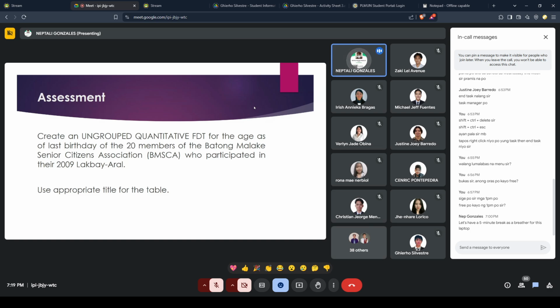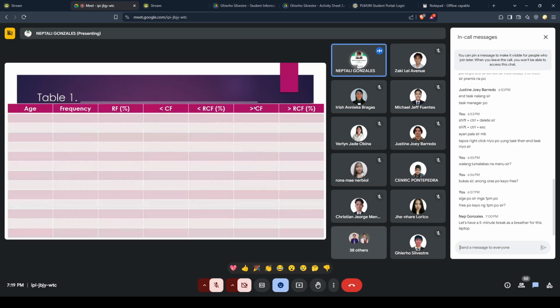All you have to do is to create an ungrouped quantitative FDT for the age as of last birthday of the 20 members of BMSCA. Use an appropriate title for the table, and do not forget to write it. The ages should be arranged from lowest to highest for uniformity of answers, so that I will not have difficulty checking. So here is the sample table.